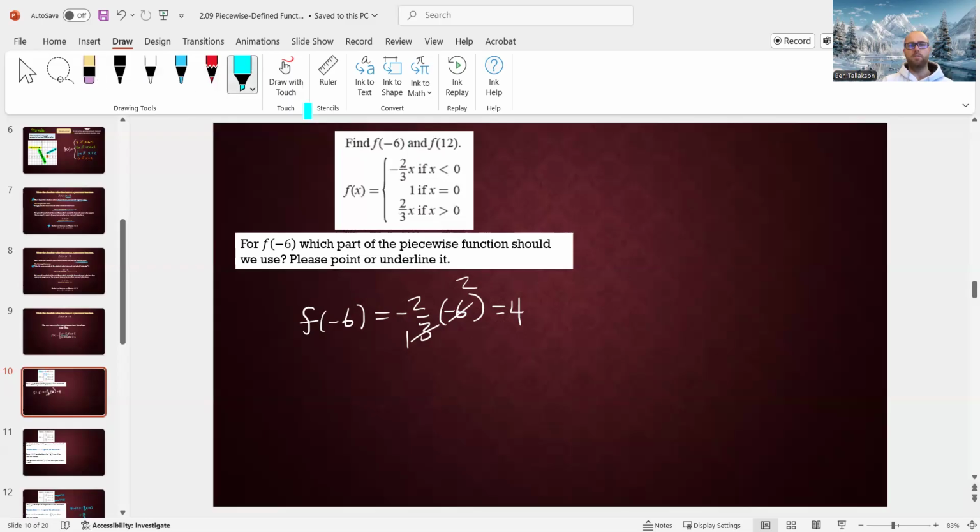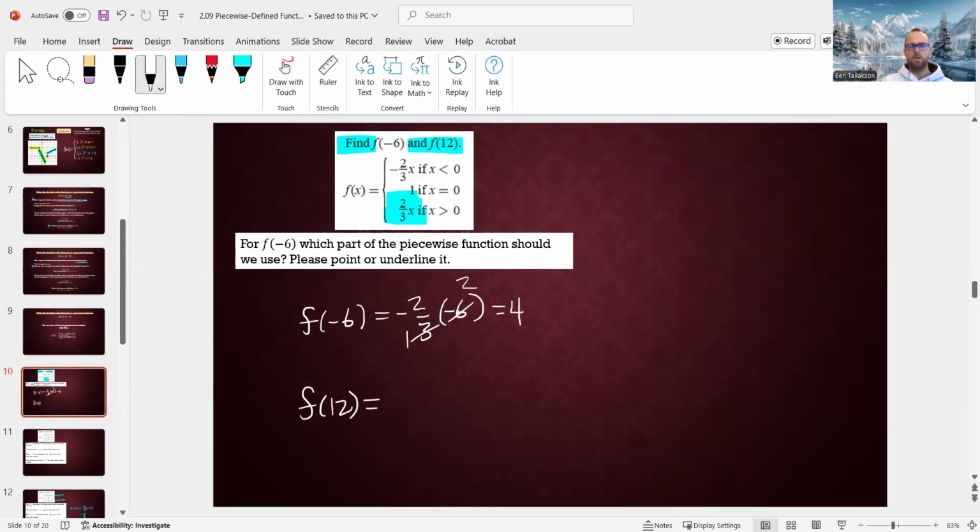f of 12. Let's see. 12 is not less than 0, not equal to 0, definitely greater than 0. So we're taking the function that goes with it. f of 12, not negative.